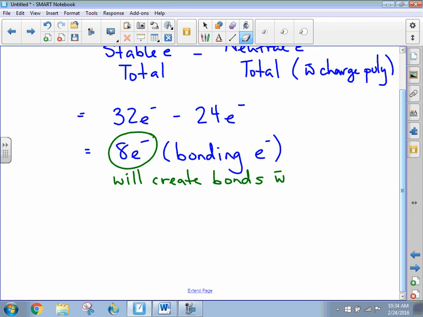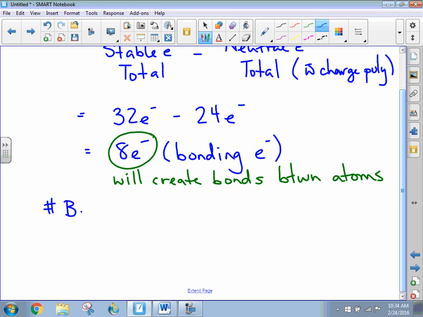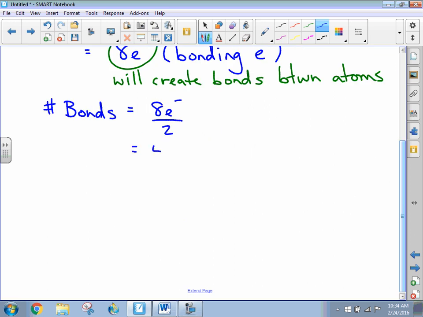So how many bonds is this? If it's 8 electrons, and we divide by 2 because there are 2 electrons in each bond, that's 4 bonds that are going to happen.